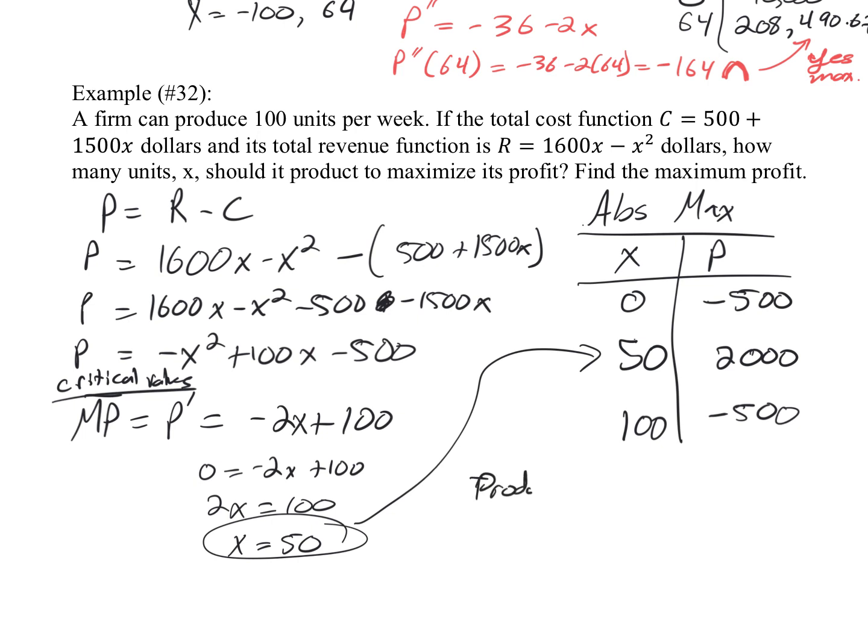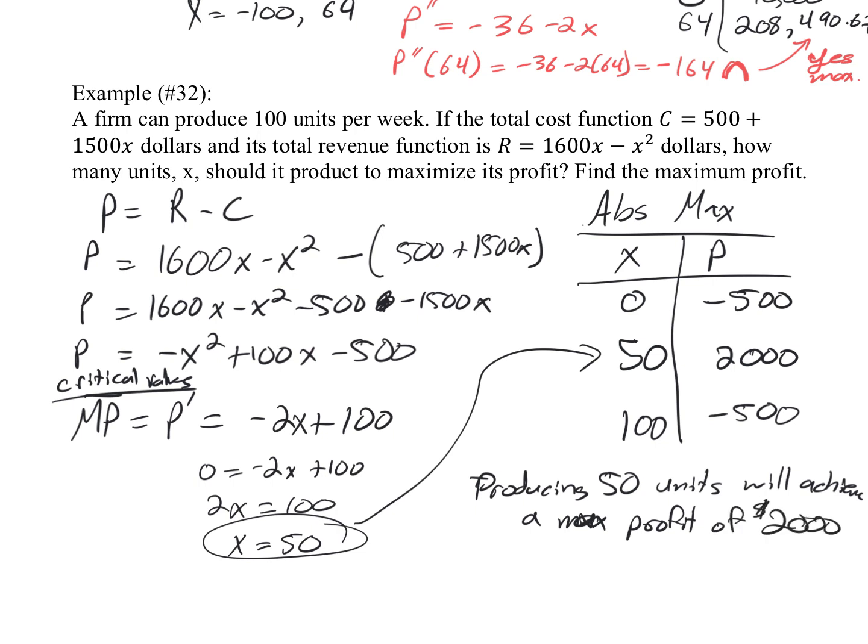Producing 50 units will achieve a maximum profit of $2,000. Okay, now that we have spelled out the sentence, we have actually answered the question that they gave us.